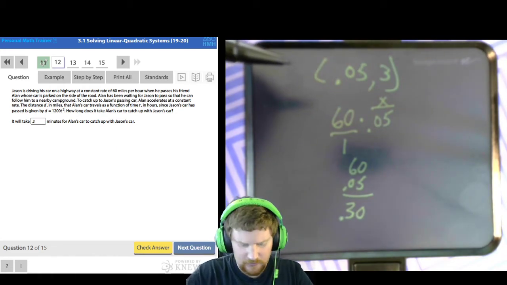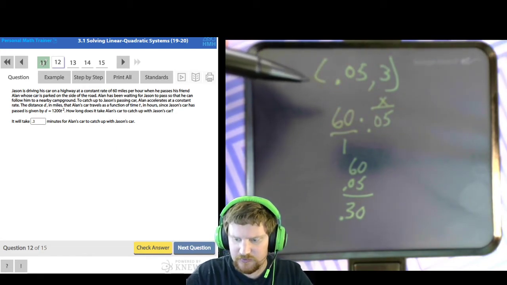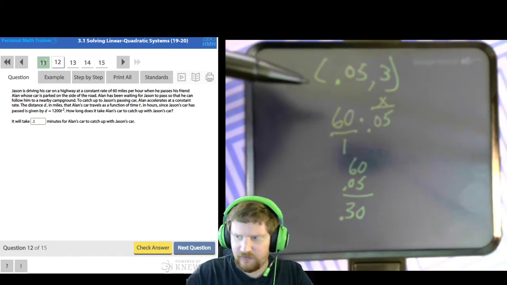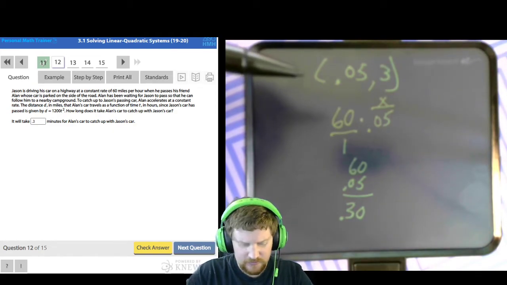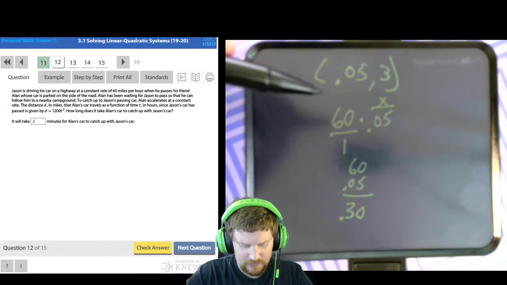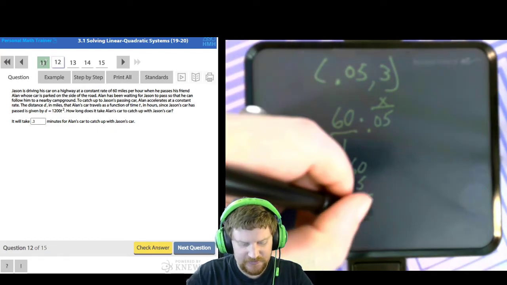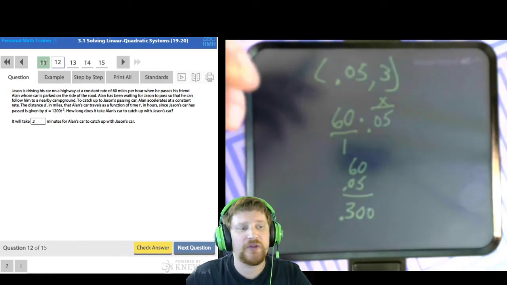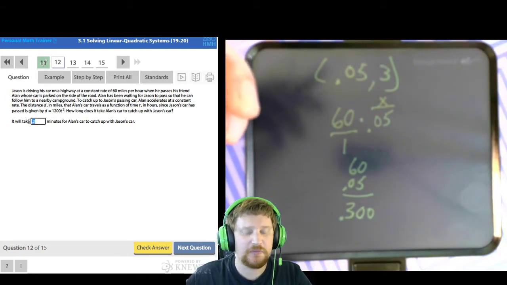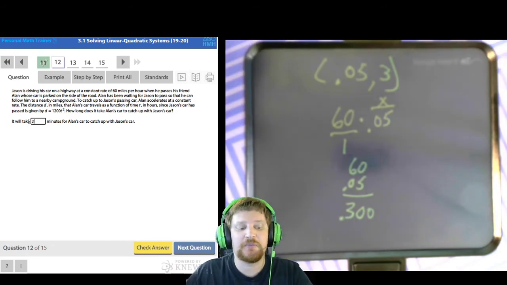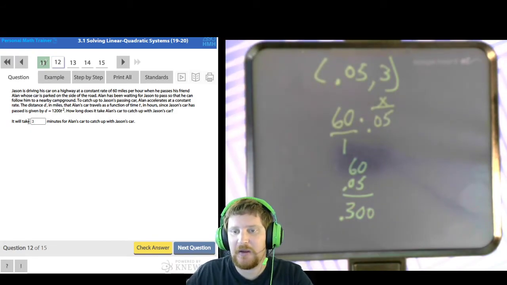Did I do something wrong? 60 times 0.05. Yes, I did. I forgot a zero spacer. It's not 0.3 minutes, it's 3 minutes. So I was off by a factor of 10 because I forgot my zero spacer in my math.